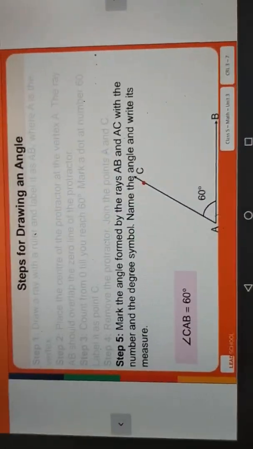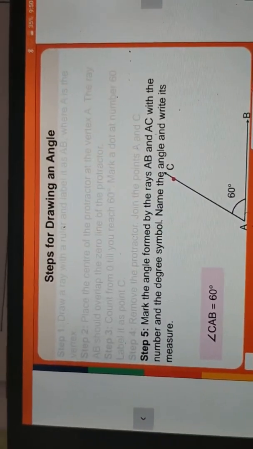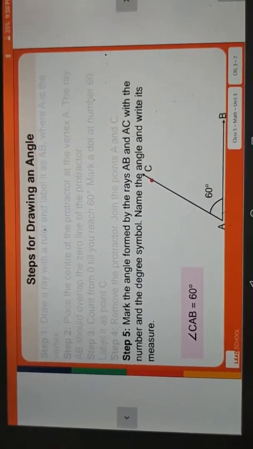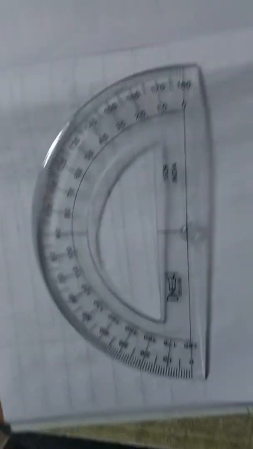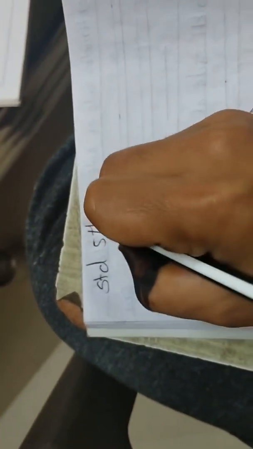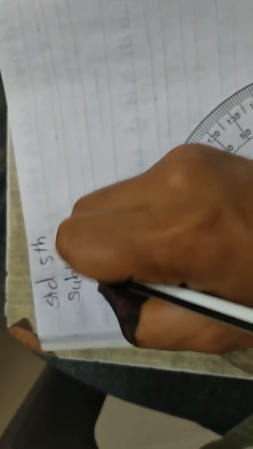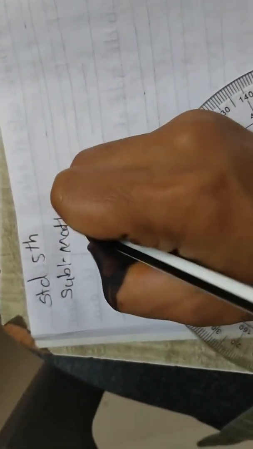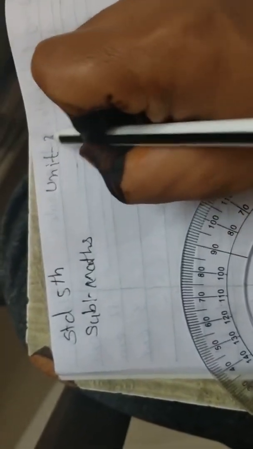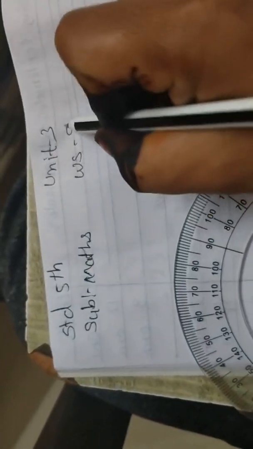Now we'll start worksheet number 9. Okay students, so let's start that. Standard 5th, subject maths, unit 3, worksheet number 9.